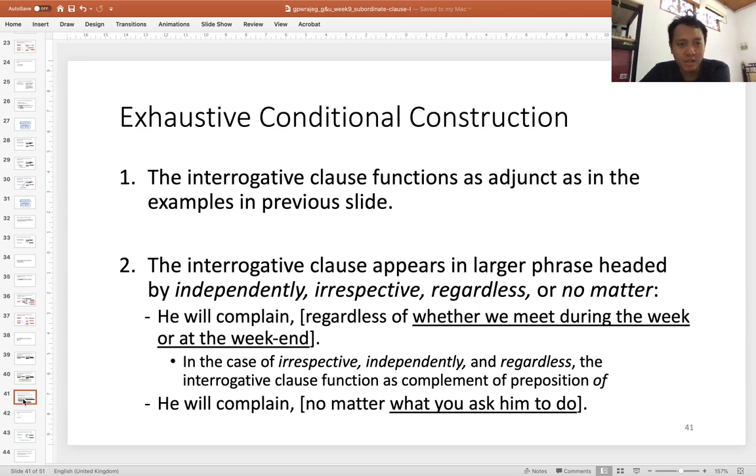So there are two types of exhaustive conditional construction. The first is when the interrogative functions as adjunct, as in this example.